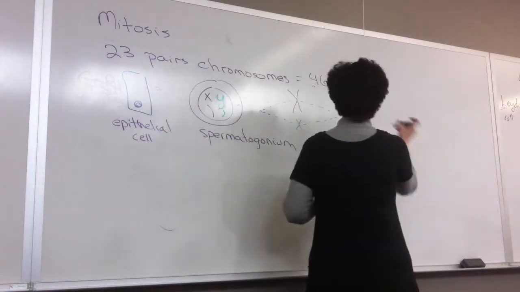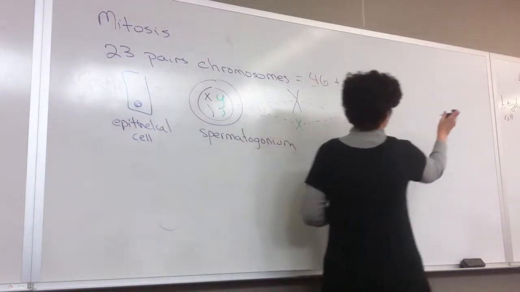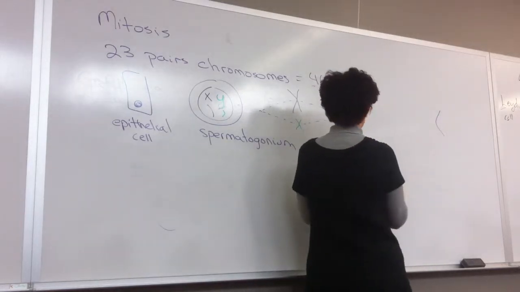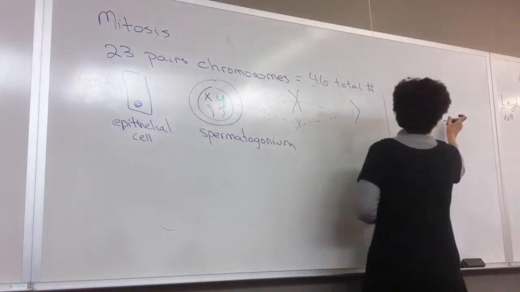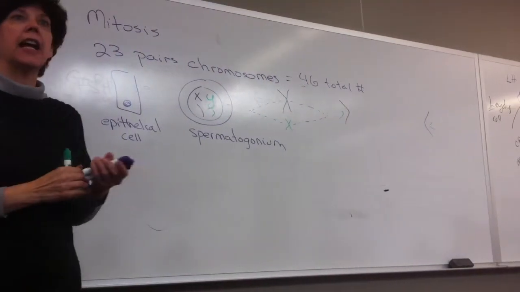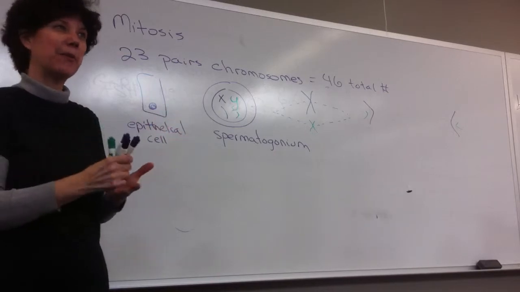And so we end up in this cell with an X chromosome, in this cell with an X chromosome, in this cell with the Y, in this cell with the Y. And that would be the same for all the other 22 pairs of chromosomes.